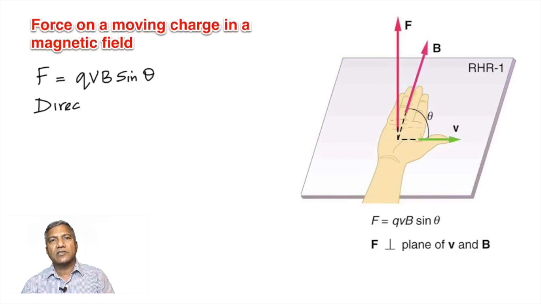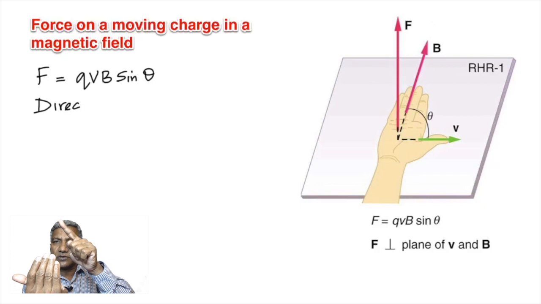And in this case, the direction of the force is given by the right hand rule. As you can see in the diagram, in the right hand rule the thumb gives the direction of the velocity, the fingers give the direction of the magnetic field, and when you fold your fingers at 90 degrees, you get the direction of the force.